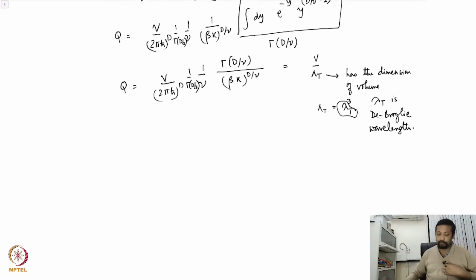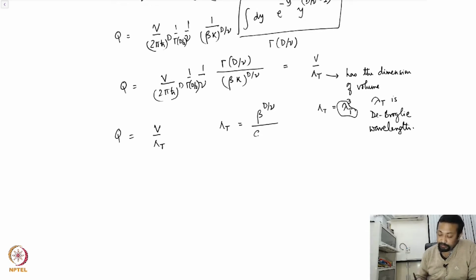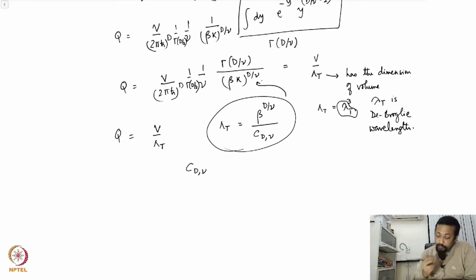Right? Okay. So q then becomes v over lambda t, and then lambda t is beta to the power d over nu divided by a constant c(d, nu). And this c(d, nu), if you just put it over here, you can immediately read off what this is going to be.